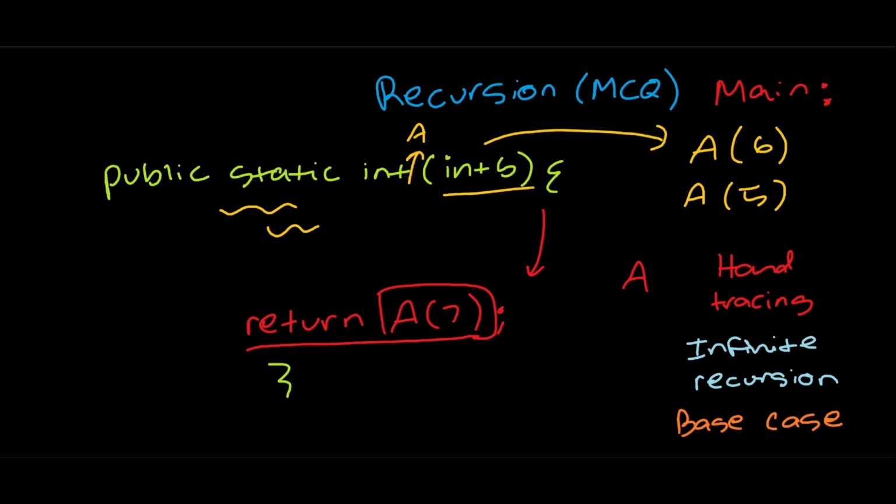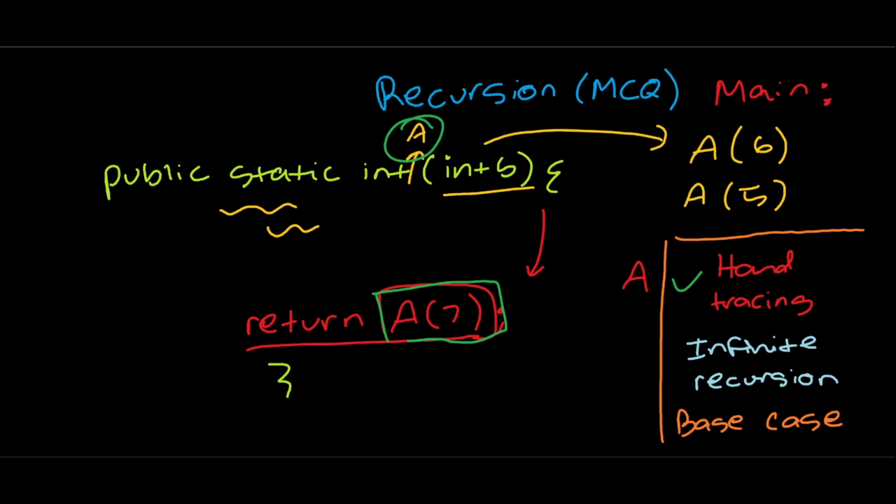So now that we have all this vocabulary, I'll be using some of it when we do the practice problems, but it's good to know these words. Just as a quick review, hand tracing is a strategy to solve recursion questions. A recursive method is a method that uses recursion. For example, this A method is recursive because the method is called A and it's calling itself right here.